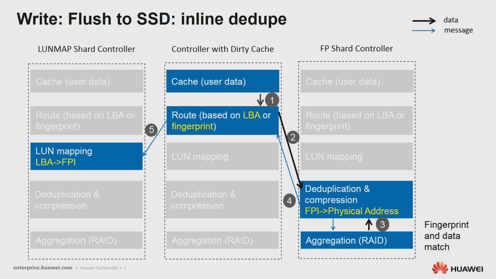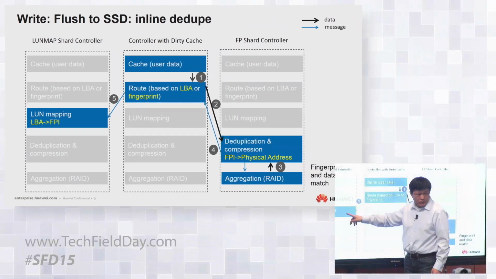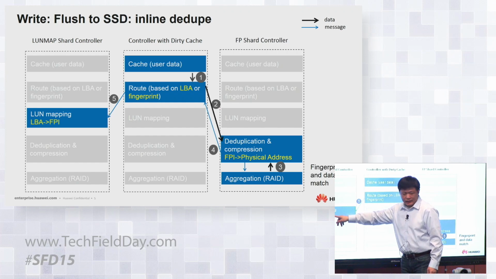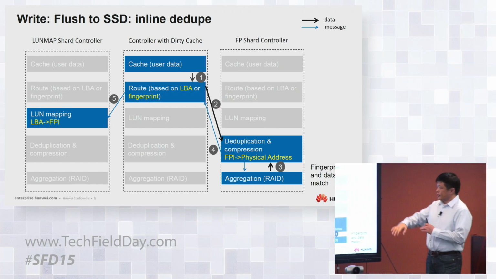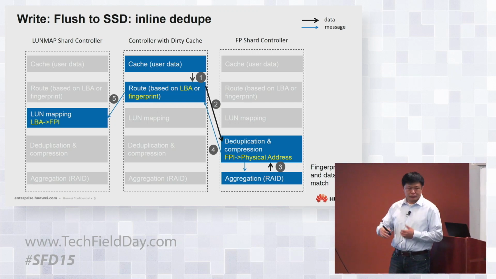If both match, we find a duplication. The reason we do this is because we're using a weak hash. Then after we get the fingerprint index, we update the map shard controller with the fingerprint index for that particular LBA. And after that, it is flushed.